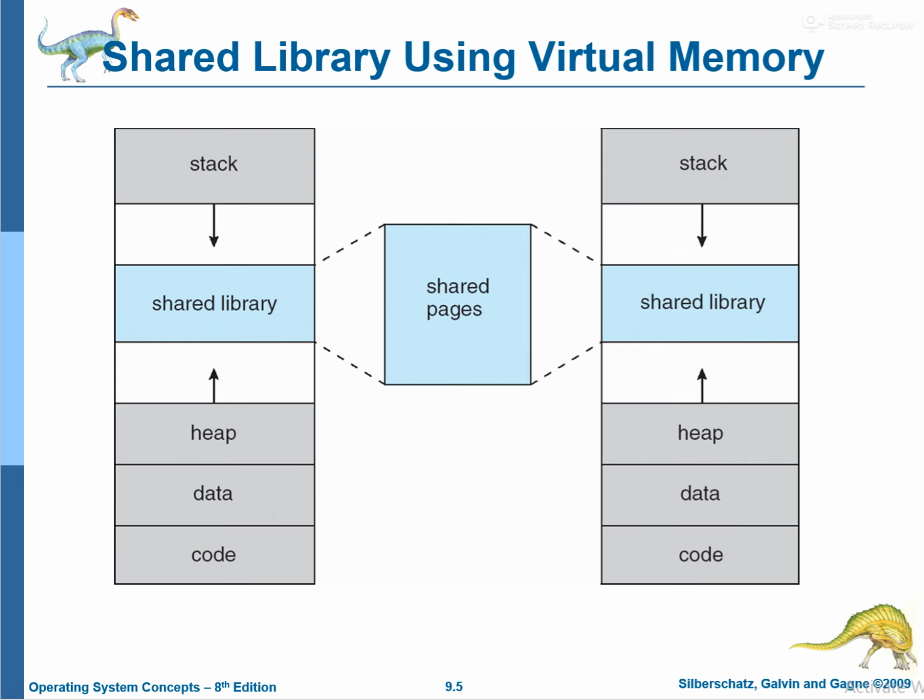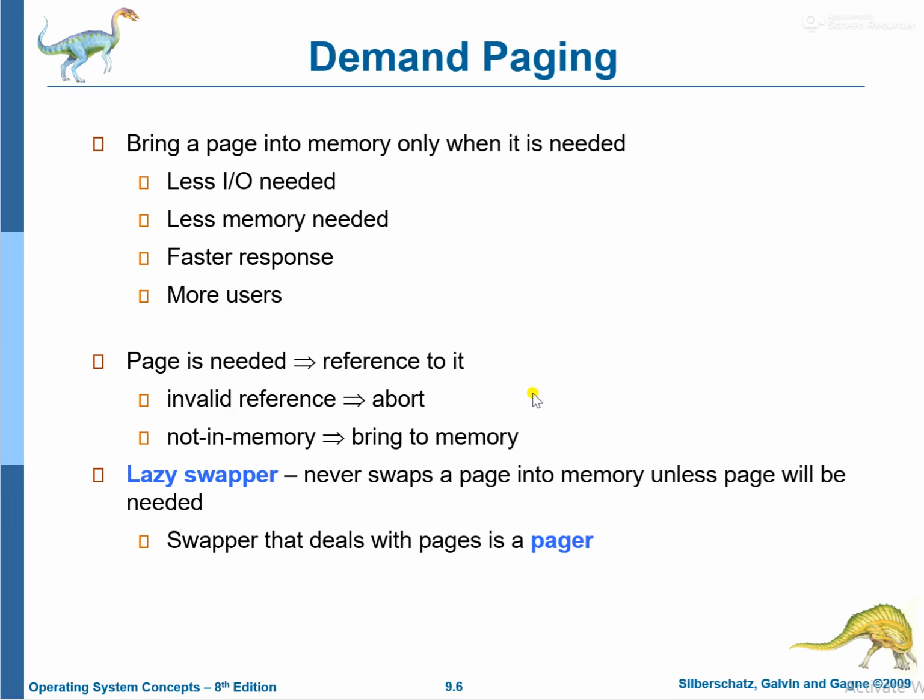Similarly, this shared pages scheme can be used for memory sharing for process communication, that we have already seen in chapter 3, inter-process communication using shared memory. And pages can also be shared during process creation with the fork system call.